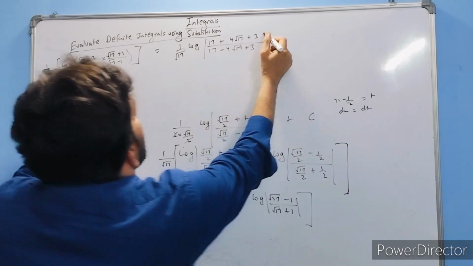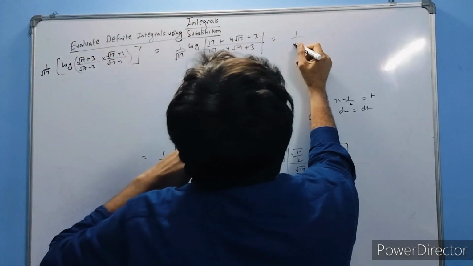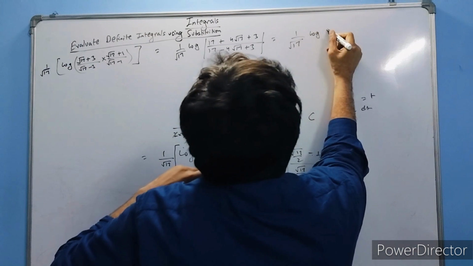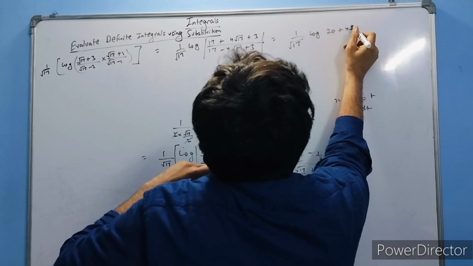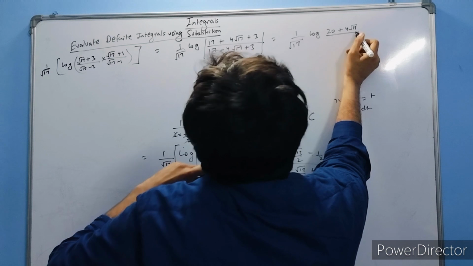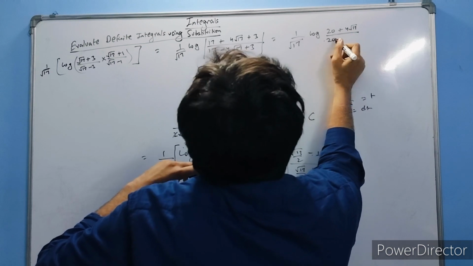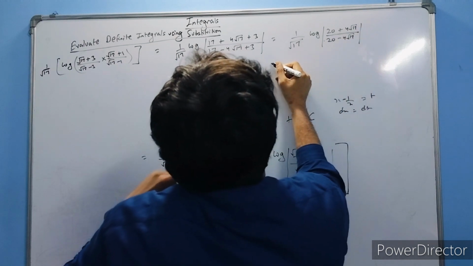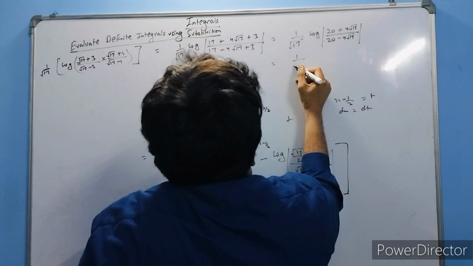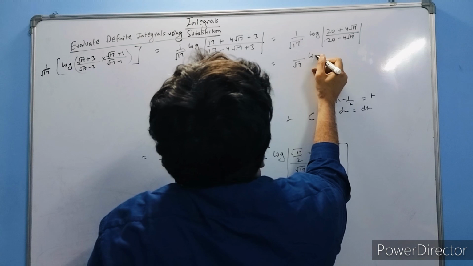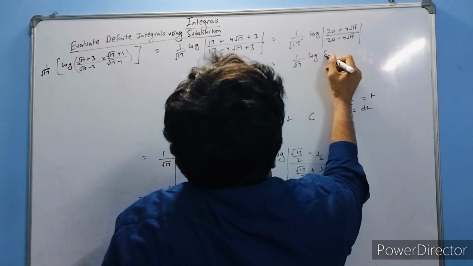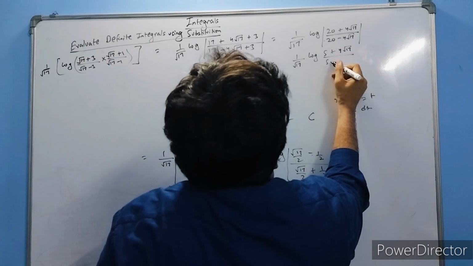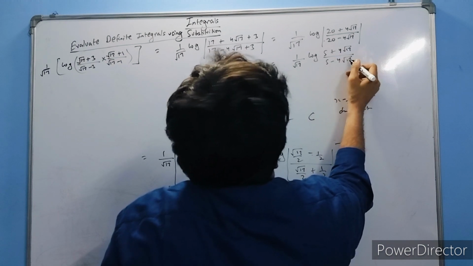So what I got here is 1 upon root 17 log 20 plus 4 root 17 upon 20 minus 4 root 17. Now I can take 5 common, so 5 will be reduced. So I got 5 plus 4 root 17 upon 5 minus 4 root 17.